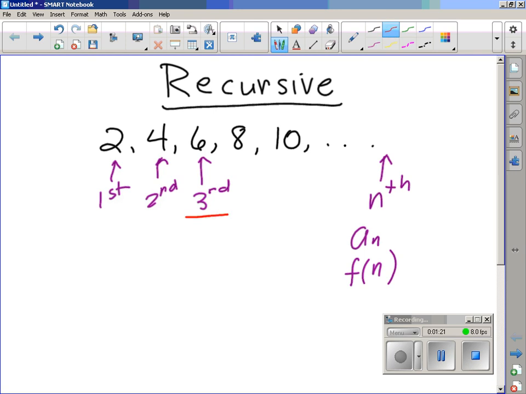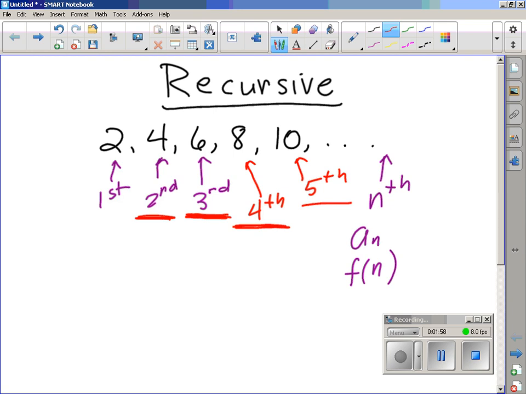Third term. The term right before it is the second term. Now, I know you're thinking, well, duh. If we talk about the fifth term, what's right in front of that? The fourth term. So, if I have the fifth term, the fourth term is the term right in front of it. The third term is the term right in front of the fourth term. The second term is the term right in front of the third term.